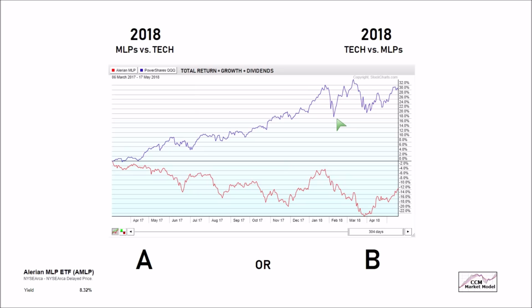If the present-day leader was gold, we would compare everything to gold. If the present-day leader was banks or financial services companies, we would be comparing the ETFs to banks and financial service companies. There's no bias towards tech. Tech just happens to be the market leader at the present time. How long that will last is anybody's guess, and it's to be determined.